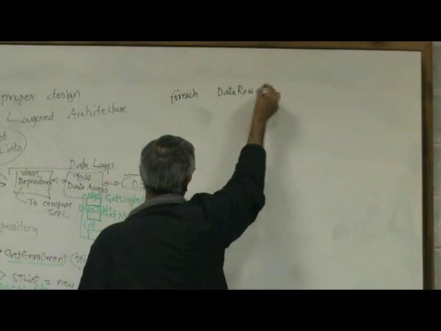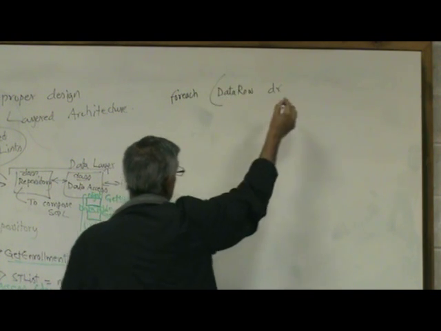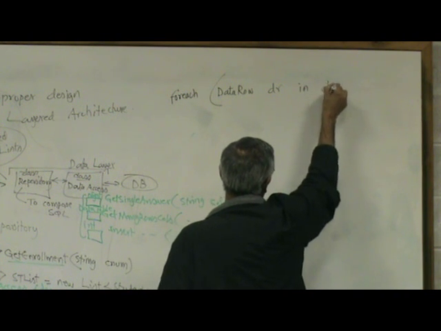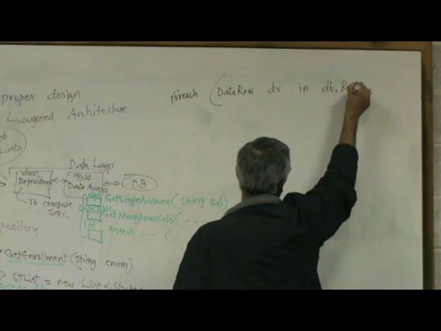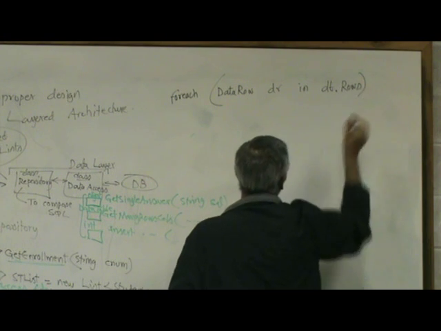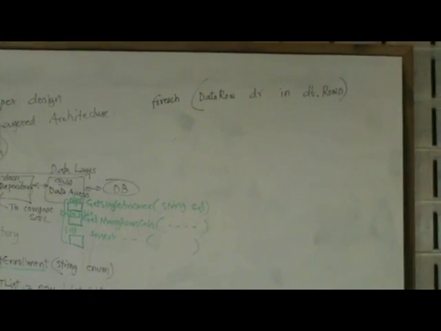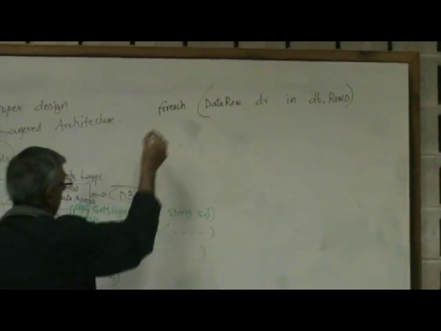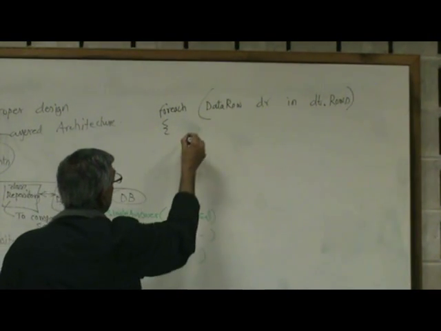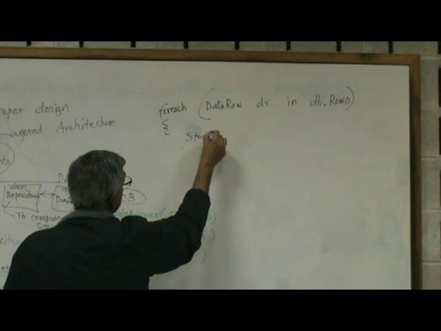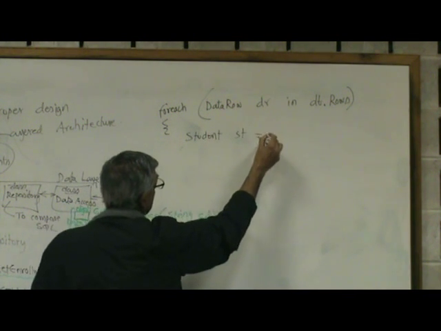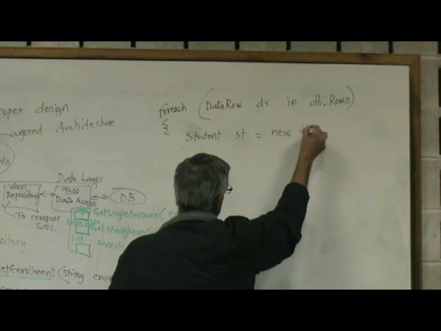Data row is a built-in class in data table, which contains a rows collection. So we can go over every row in the data table. And once we loop through it, we can create one object of student st equal to new student.